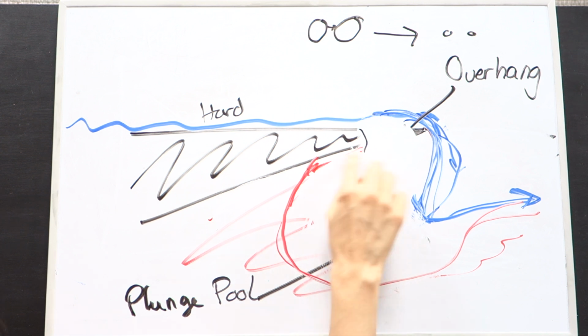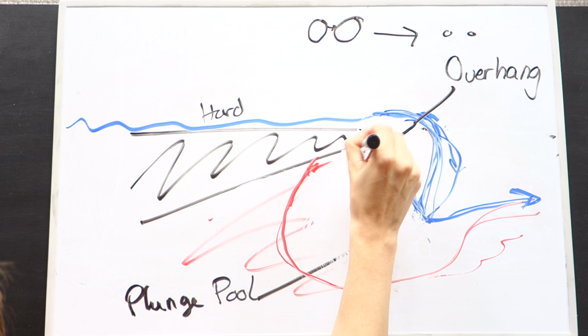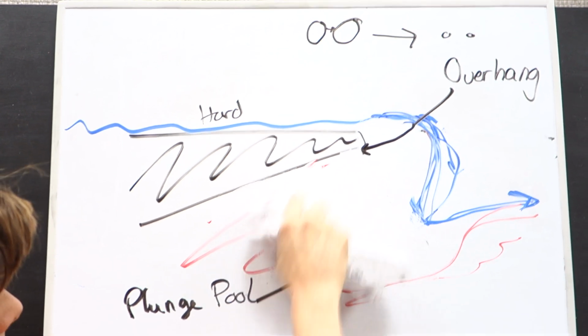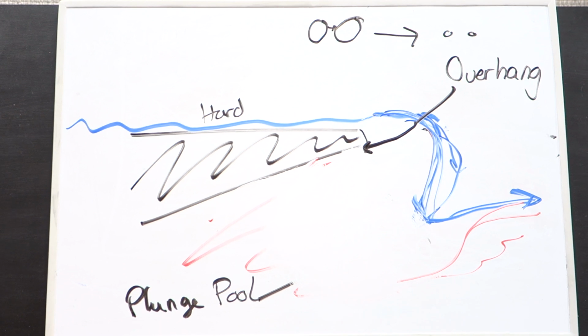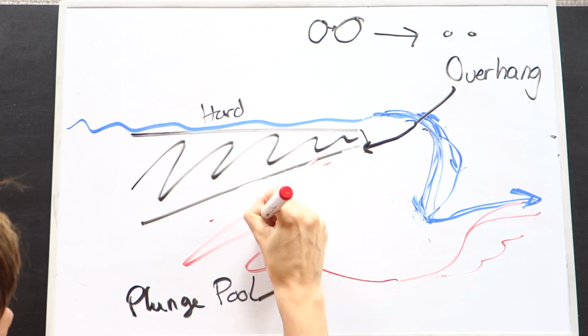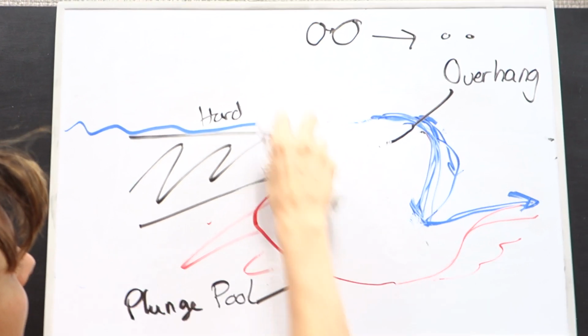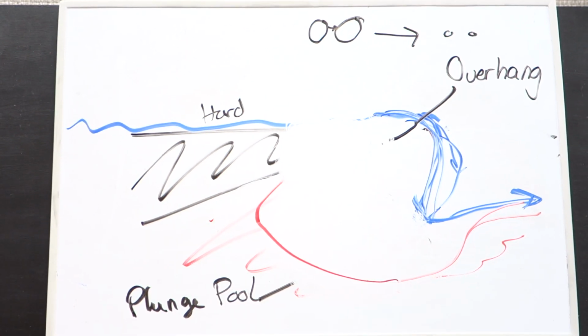And can you see now that there is a new overhang? And eventually, the plunge pool is going to get bigger again by erosion. The overhang will collapse and fall into the plunge pool.